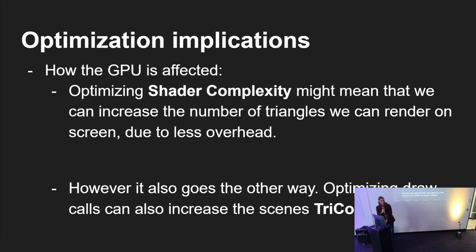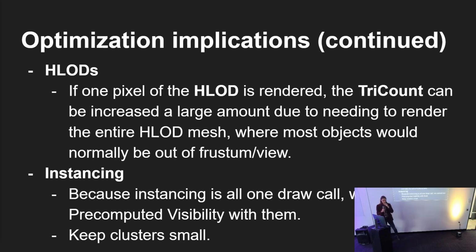However, there are some implications here. Unfortunately, a lot of these tools do have their own trade-offs. Think about HLODs, for example. Typically, if you're far away and you're rendering just the corner of one building, normally we frustum cull most of that building, and we only render the meshes that are on screen.